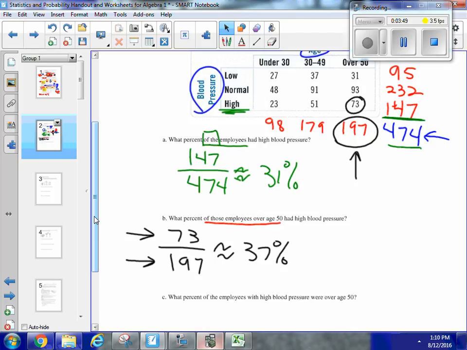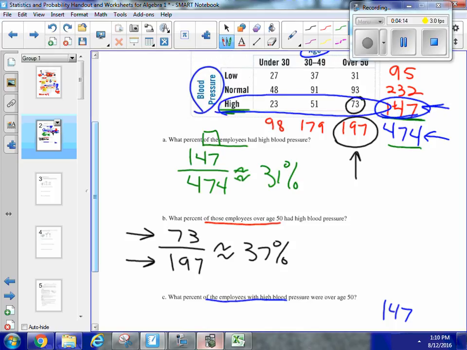What percentage of the employees with high blood pressure? Well, the employees with high blood pressure is 147. That is the marginal frequency of employees with high blood pressure. So that's going to be my denominator, 147.